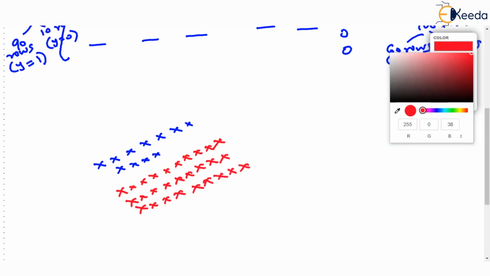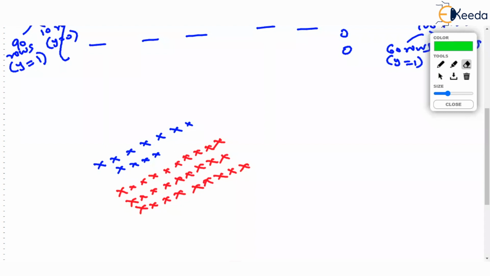Now, given any query point, let's say the query point is over here. Okay, the query point is over here, or I'll take it nearer. Let's say the query point is over here. Just imagine. Okay, and we are using five nearest neighbors, that is, k is 5.